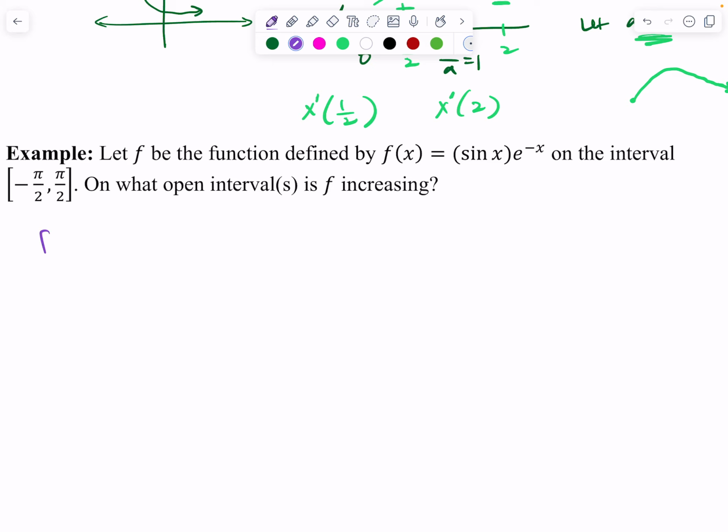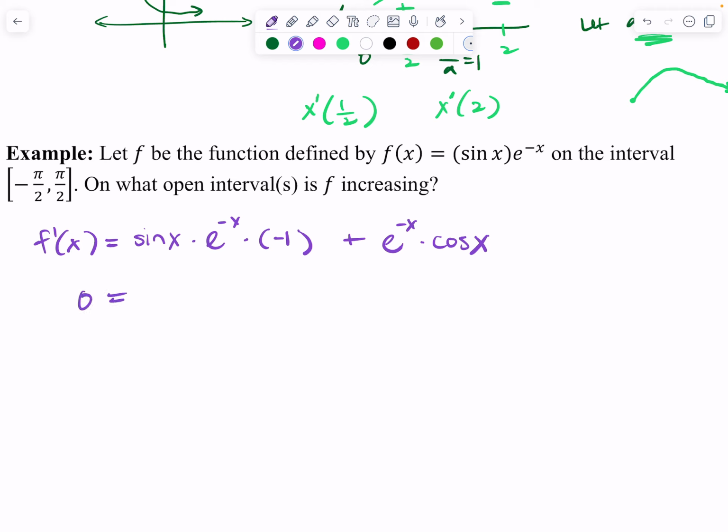So we can find f prime using product rule here. First factor times derivative of the second factor, which requires chain rule, plus second factor times derivative of the first. And finding critical values, right?